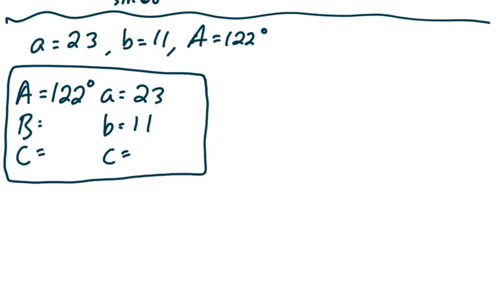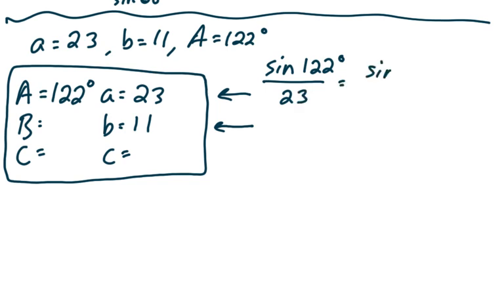All right, so I'm using law of sines. It looks like I have the A and the A. And since I have side B, I need to use that fraction to find angle B. Here we go. How about sine of 122 over 23 equals the sine now of angle B over side B. Same steps, we're going to cross multiply.